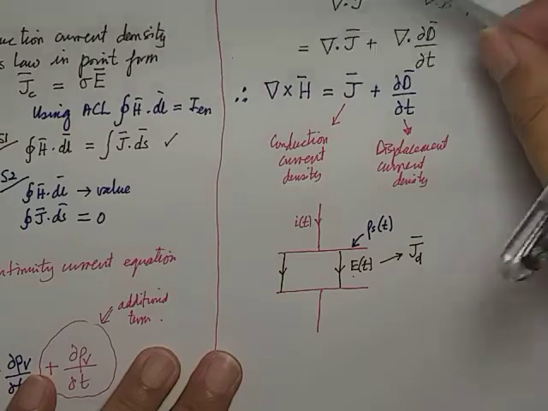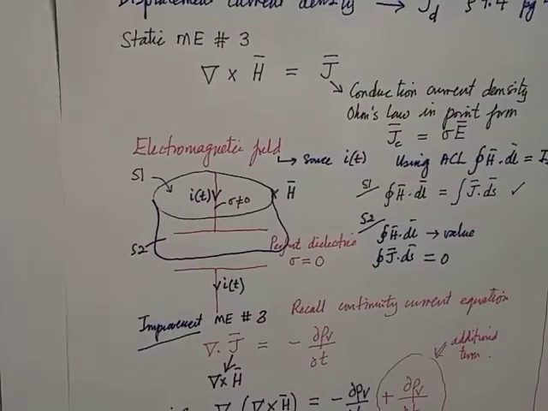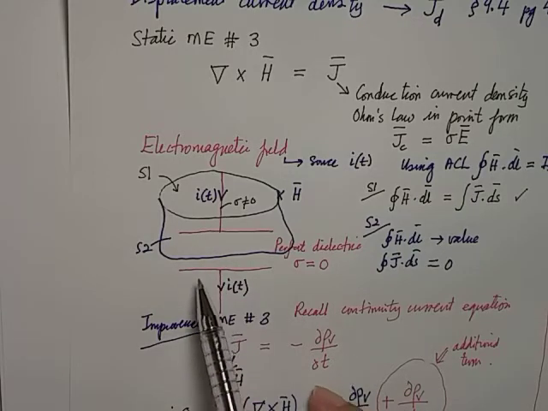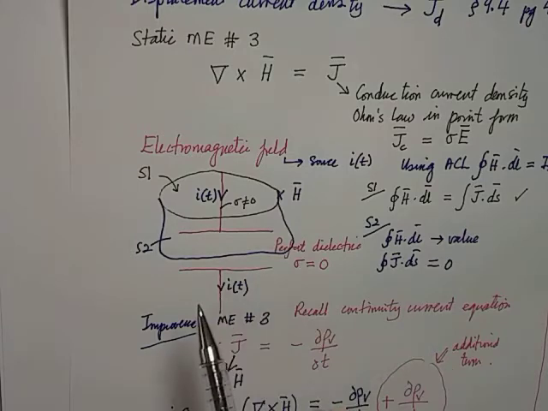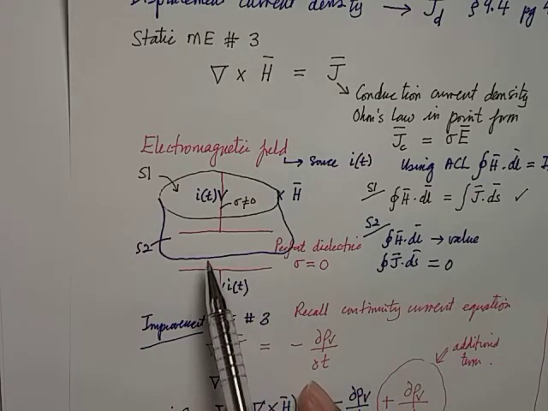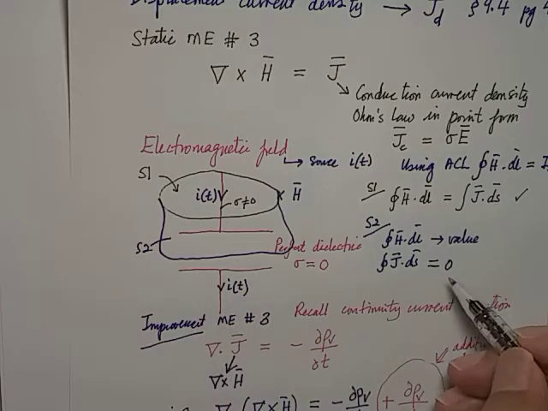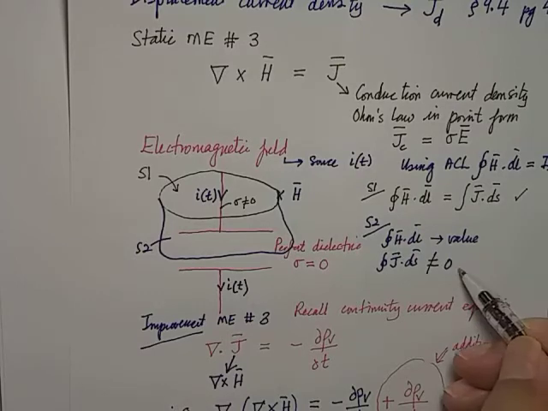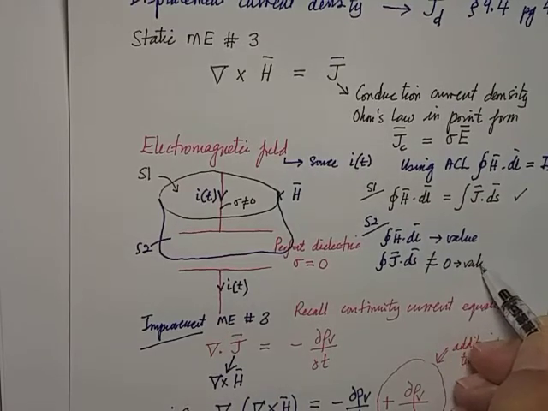When you refer that to our original model, there's now a current flow, but it's not the conduction current that we referred to earlier. The current is known as displacement current. So this term will not be equal to 0. You're going to have values.